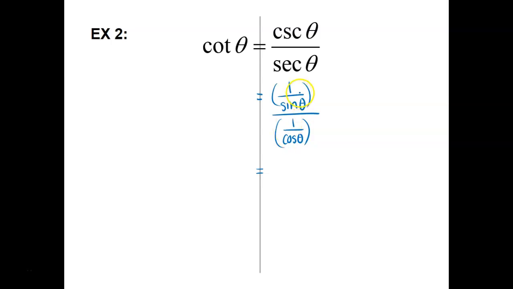Yes. So dividing fractions easy as pie. We're going to flip the second and multiply. So we'll have 1 over sine of theta times cosine of theta over 1. Is anybody seeing beautiful things happen here? So if you multiply that together, you get cosine theta over sine theta.